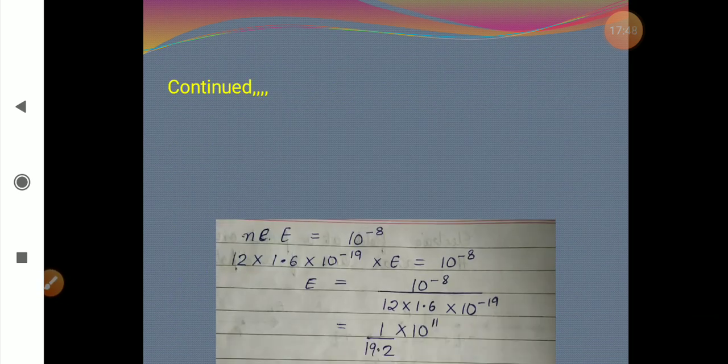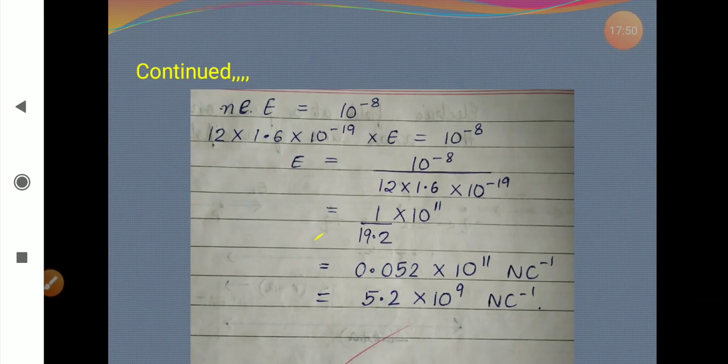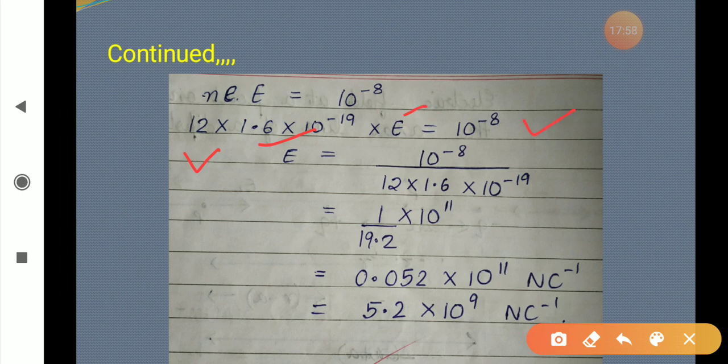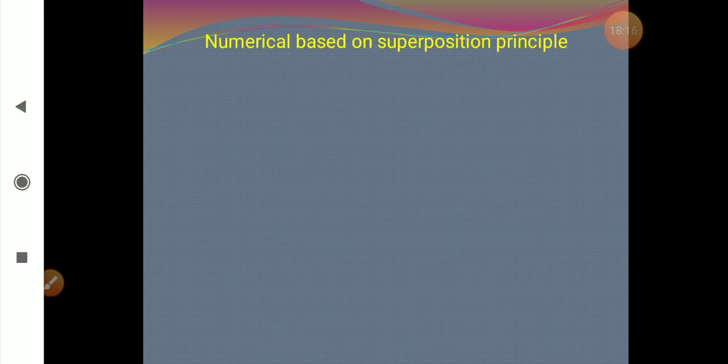So now here, see, 12 electrons, charge on each electron is this, e is equal to 10 to the power minus 8. Now E is equal to, we have divided from here, simplify it and you can find out the value of the electric field. It's a very simple question and you must have done Millikan's oil drop experiment. So this relation is based on that one only.